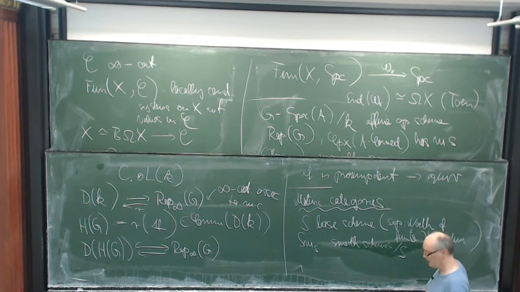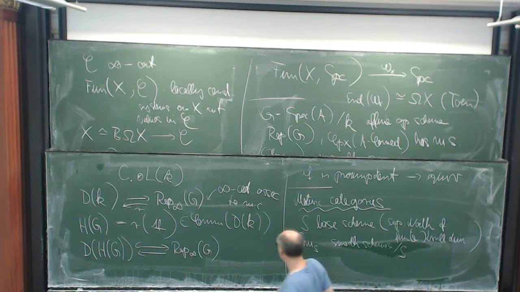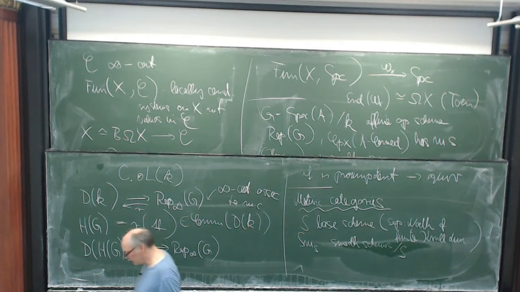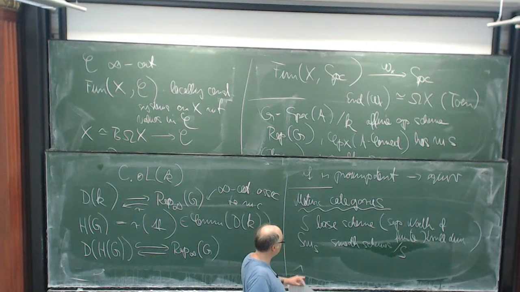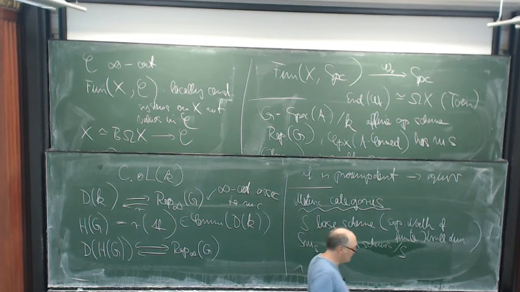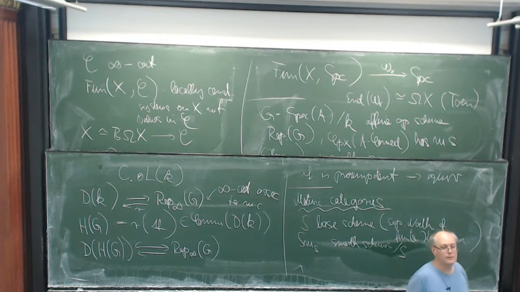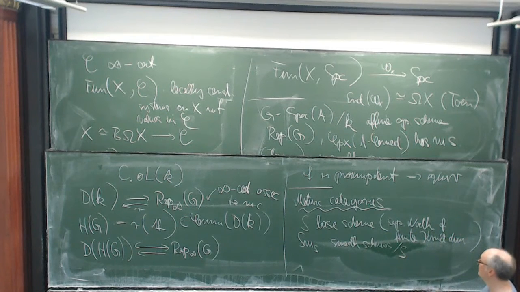Then I could now directly take sheaves of spectra, of usual topological spectra, on this category, presheaves, and then we would like to tensor invert P1, which we also did in the second lecture.